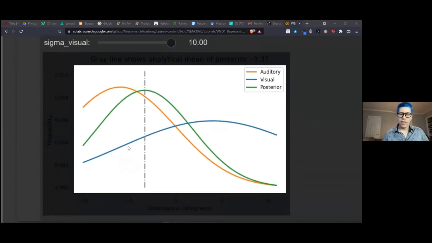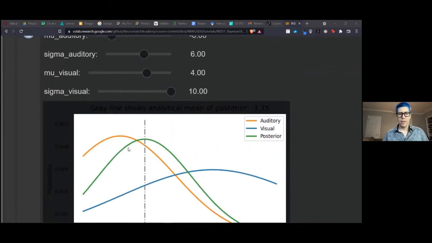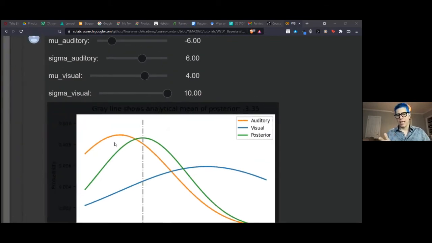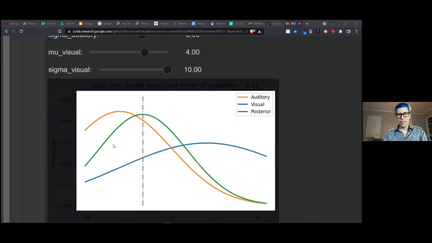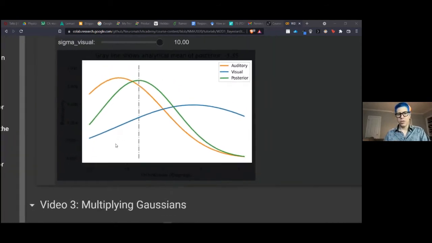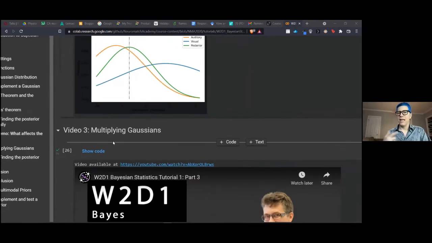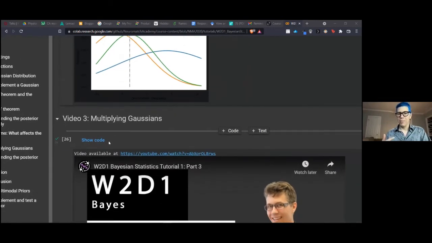You can prove that orange can never be higher than green, because it's effectively how high it is is 1 over the width of it, how narrow it is. In fact, let's briefly go over the next section, because the next section will contain the math, and with that we will see that it can never be like that.